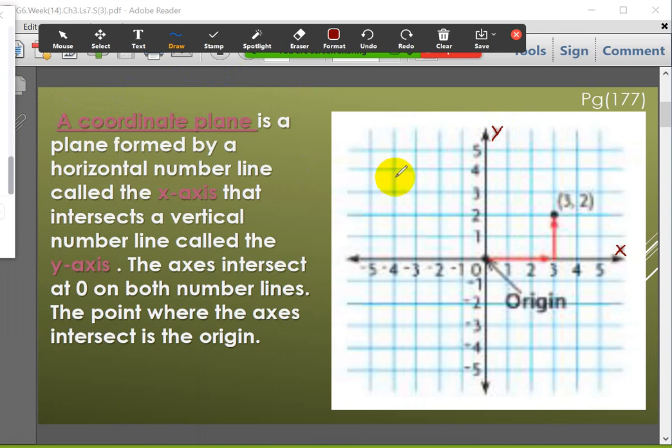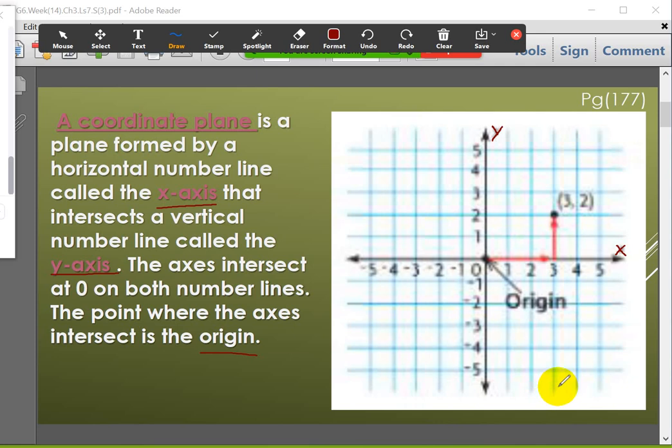Both number lines intersect at the 0 point. That means this is the 0 point for the x-axis, and this is the 0 point for the y-axis. This point we name the origin. Okay, you have to remember all of this: what the x-axis is, what the y-axis is, and what the origin is.